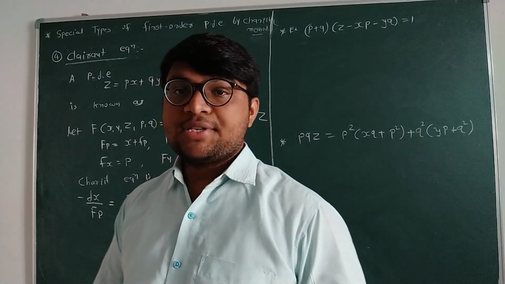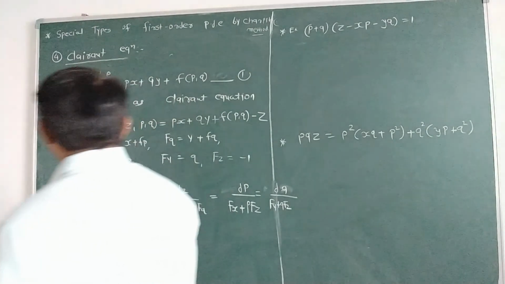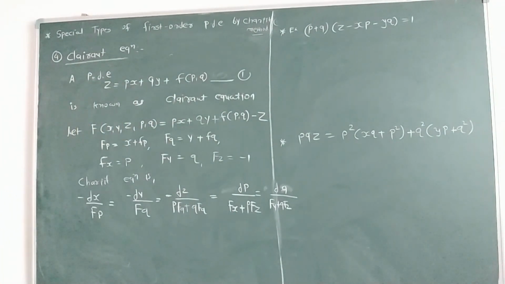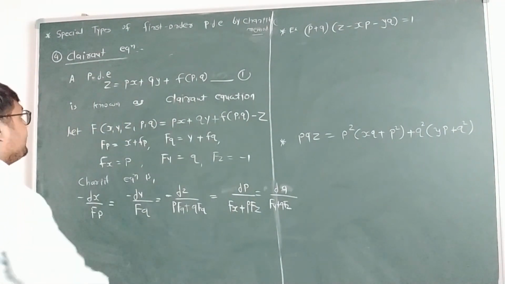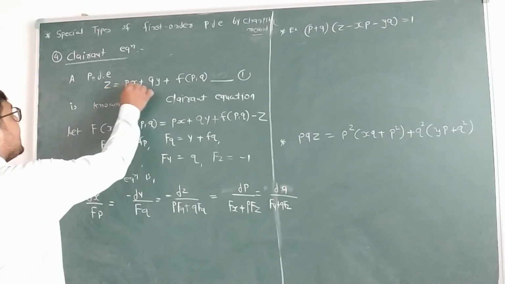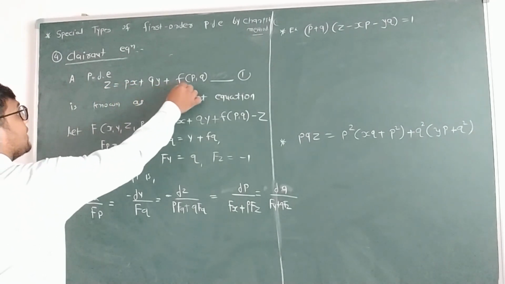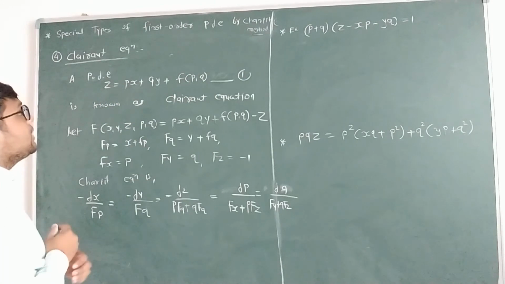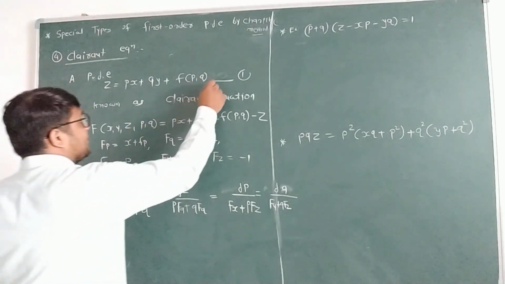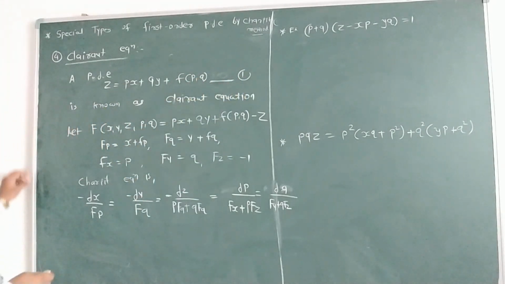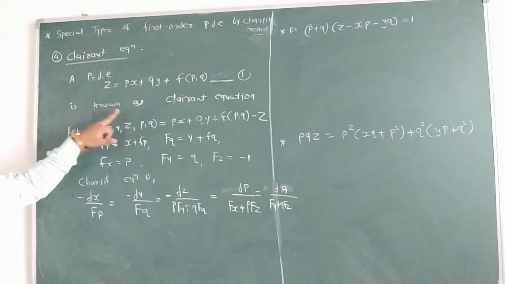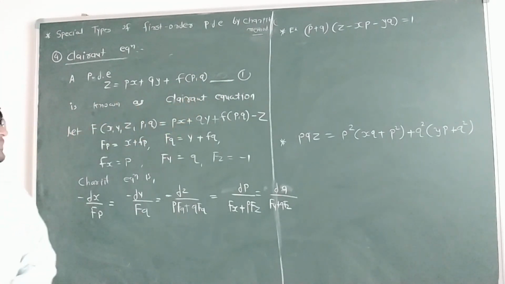Now the fourth special type is the Clairaut equation. A first order partial differential equation of the form z equals px plus qy plus a function of p and q is known as a Clairaut equation.